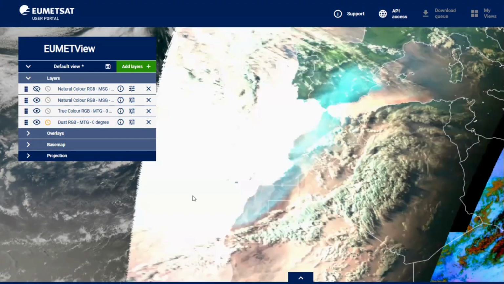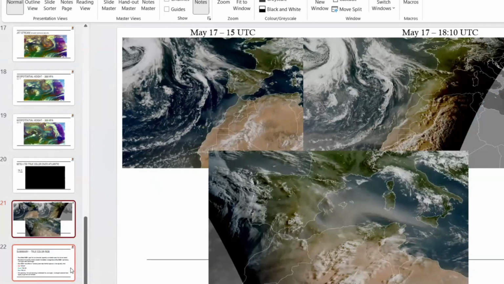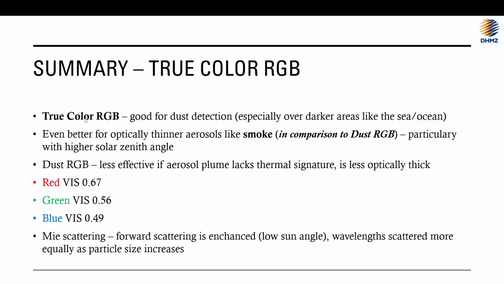And obviously you have the very noticeable sun glint, but you can clearly depict the aerosol, the smoke plume over the continental parts. So here you get the full benefit of the sun to satellite geometry. And back to the presentation.